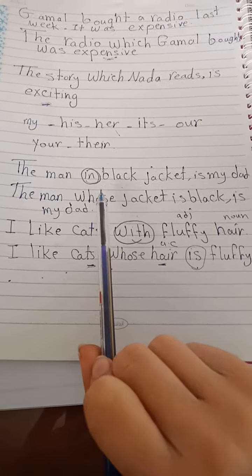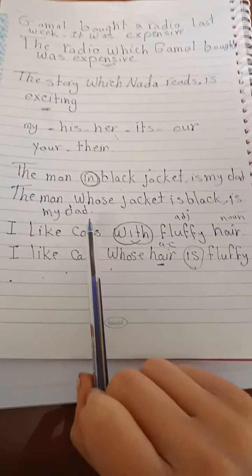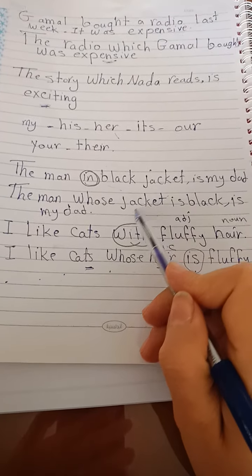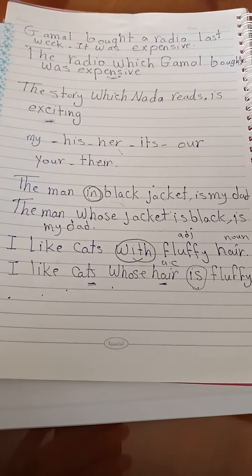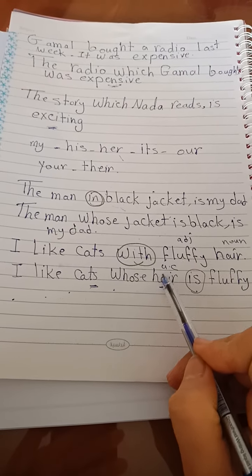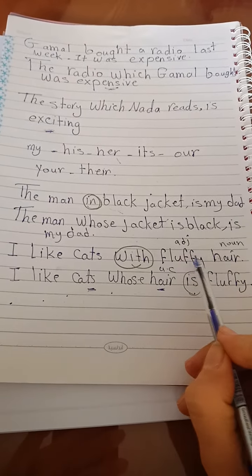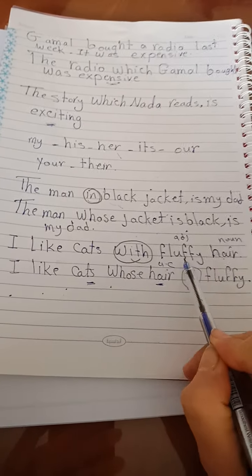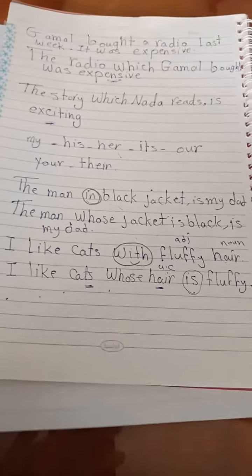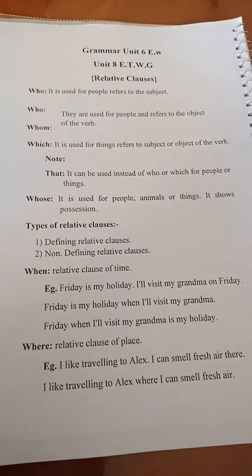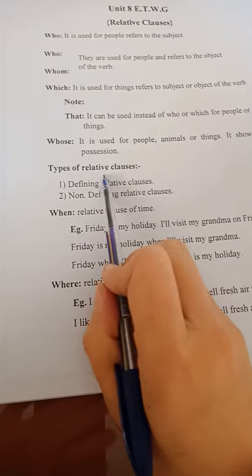But if I have the sentence in this form, I will have to use the noun first and then follow with the adjective. Okay? Let's see other types of relative clauses.